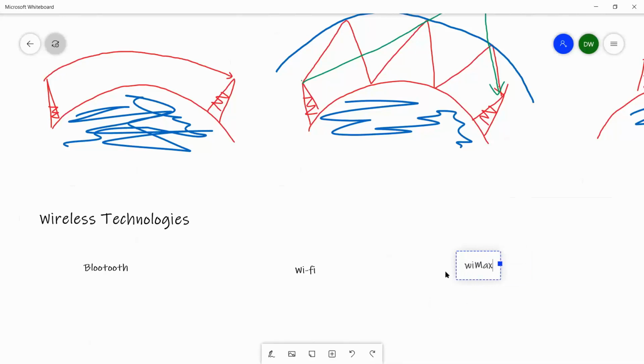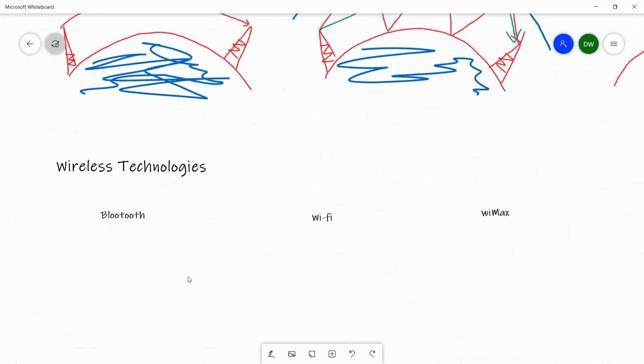So these are technologies for wireless access. So when it comes to Bluetooth, this is mostly used for WPAN, that means for wireless personal area networks.